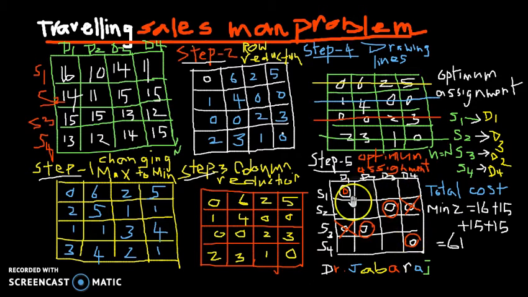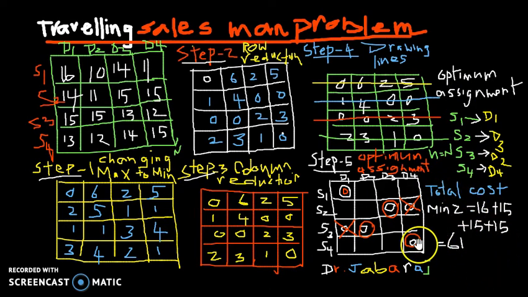So this is the optimum assignment. That is, the first salesman to the first district, the second salesman to the third district, the third salesman to the second district, and the last salesman to the last district. This will definitely give us an optimum assignment.